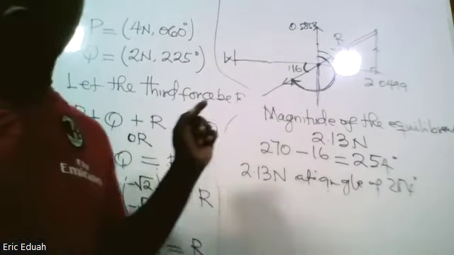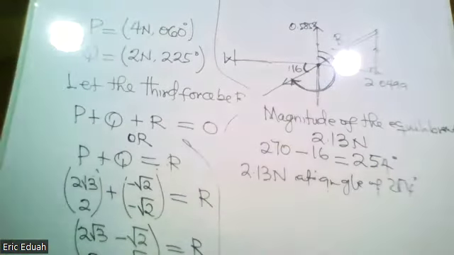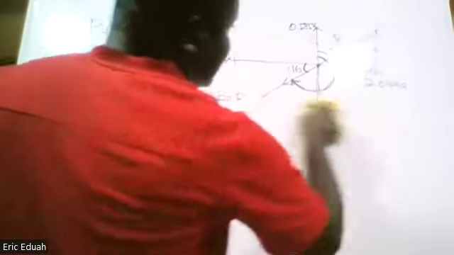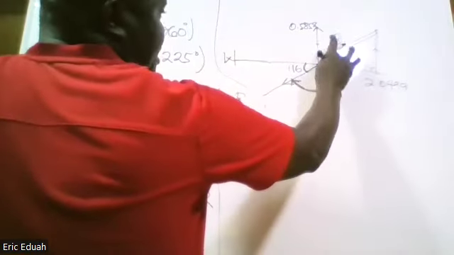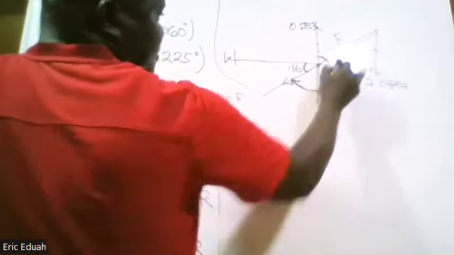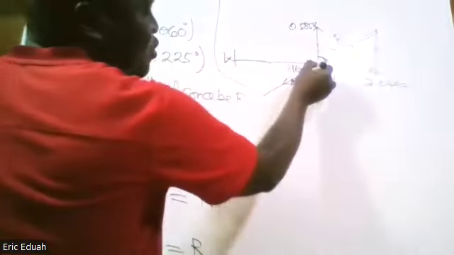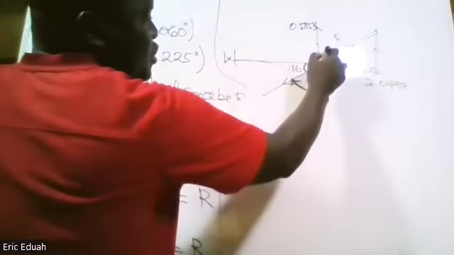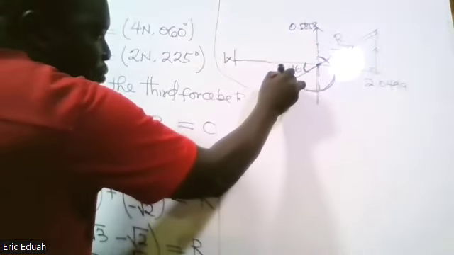Whilst one acts due east, the other acts due west. So we have found the direction of the resultant, which is 16 degrees from east. It implies that the equilibrant must act in the opposite direction.